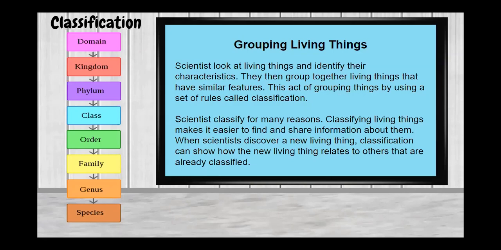When scientists discover a new living thing, classification can show how the new living thing relates to others that are already classified. If you look to the graphic on the left, it shows you the way scientists classify living organisms. We are going to focus on the domain of kingdom, and then it breaks down into smaller subgroups.